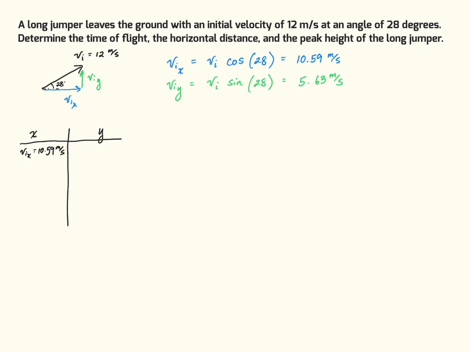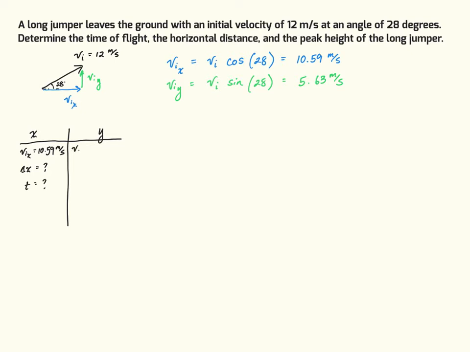And remember, horizontal velocity is constant, so whatever this v initial x is, that's the velocity throughout the whole path of that long jumper. What else do we know in the x? Not much. We ultimately need to find delta x, so we don't know that, and we also don't know time in the x.